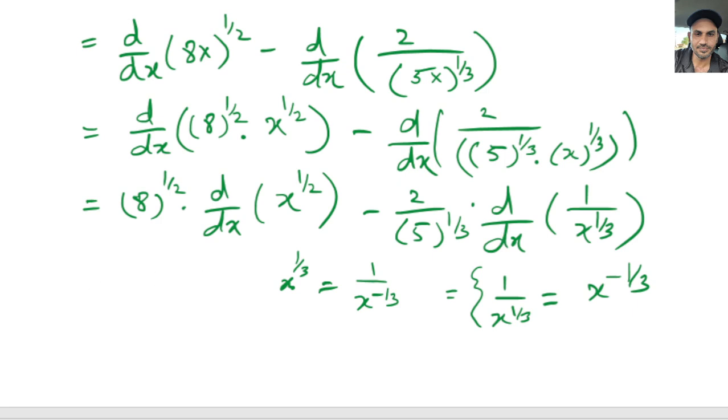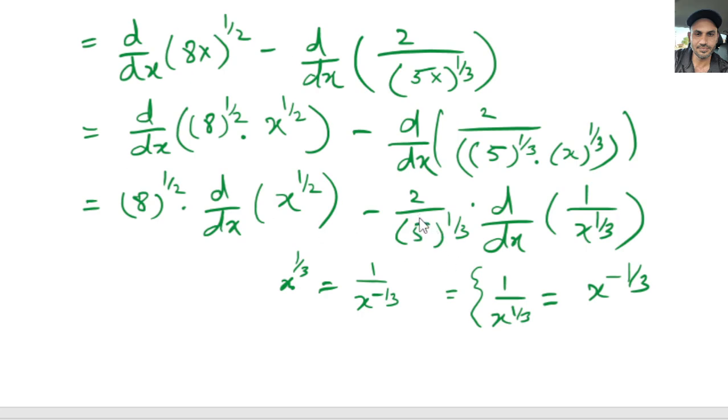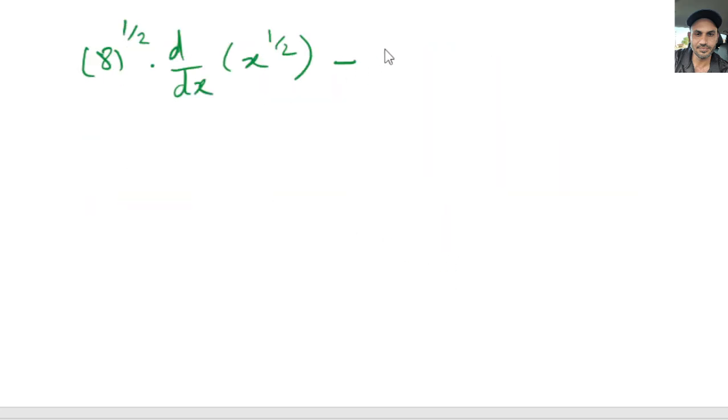So let's go ahead to the next step. We have 8 to the 1/2 power times d over dx of x to the 1/2 power. Then we have minus 2 over 5 to the 1/3 times d over dx of x to the minus 1/3.